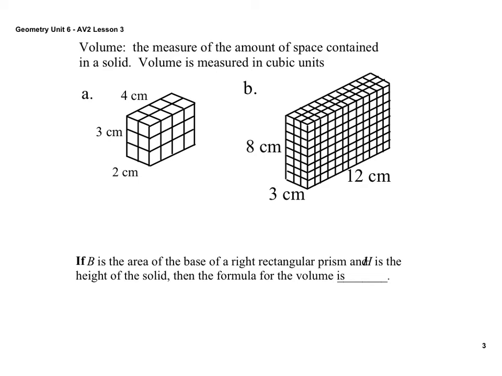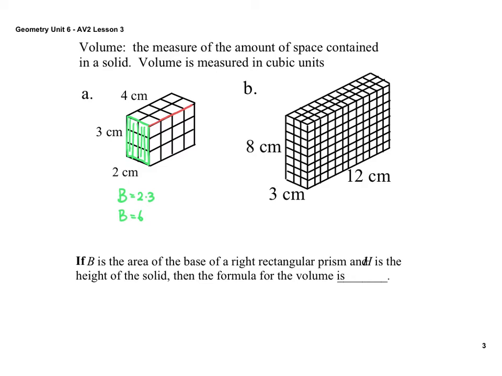So for example, let's take example A here, and I'm going to refer to this space as the base. If I wanted the area of the base, I would take 2 times 3. So the area of the base is going to equal 6. The height of this prism, I think we went red.